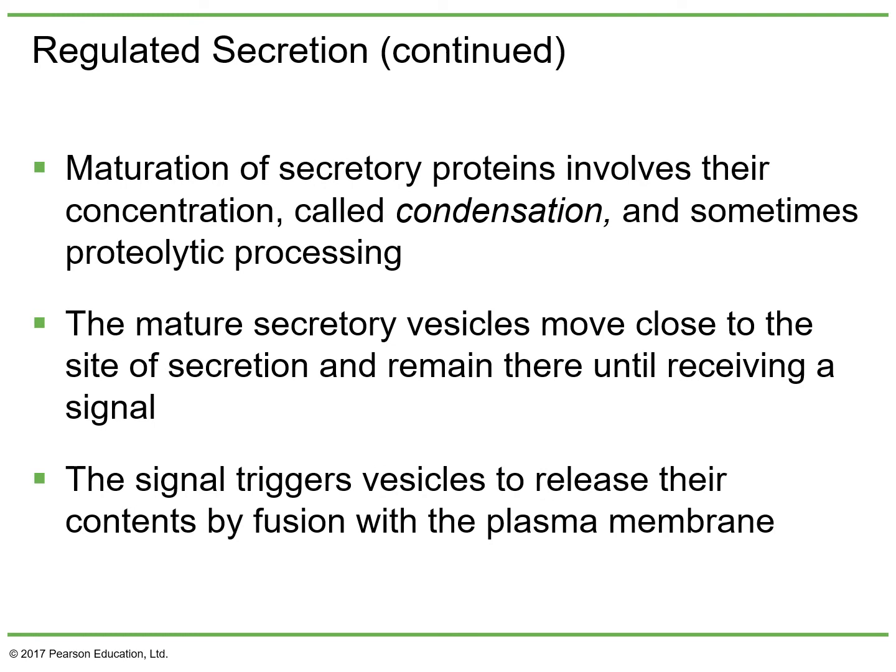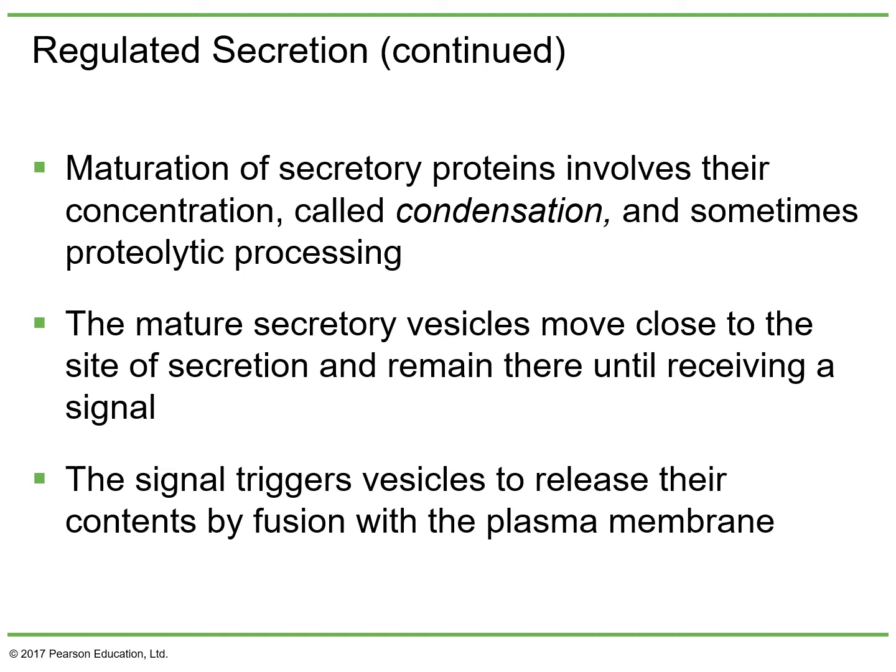Regulated secretory vesicles form by budding from the TGN as immature secretory vesicles. These will undergo subsequent maturation. Maturation of secretory proteins involves concentration of the proteins, which we call condensation, and this is frequently also a means of proteolytic processing.